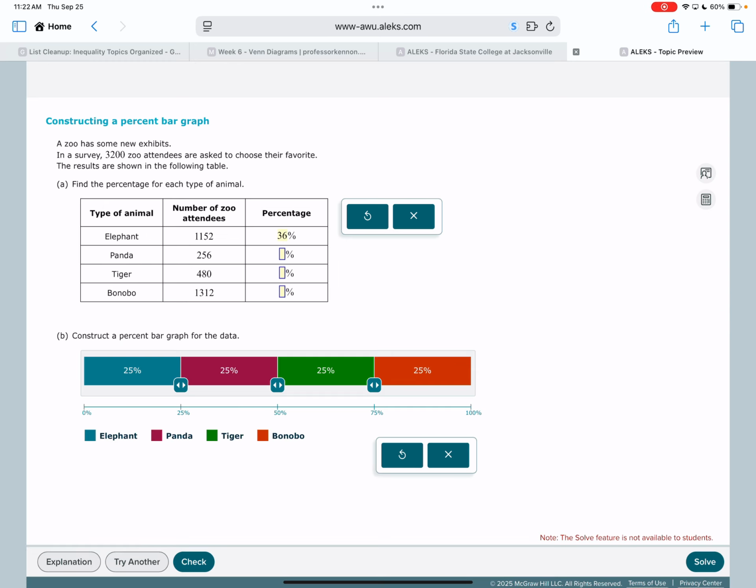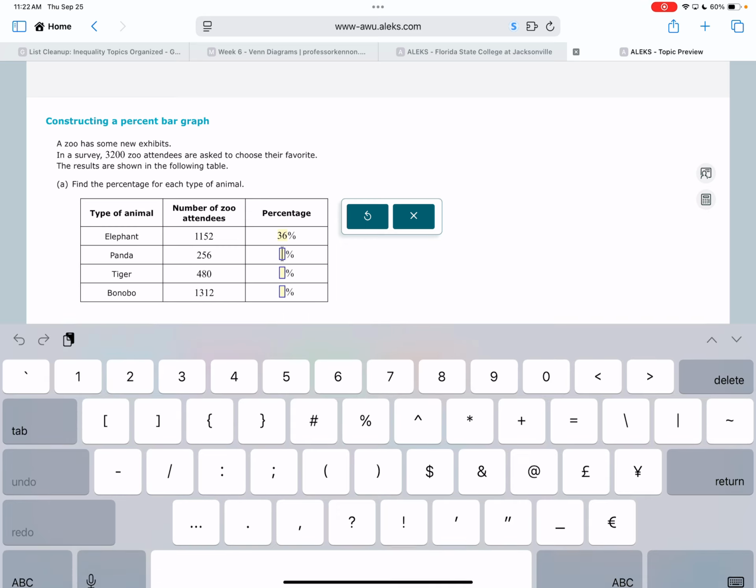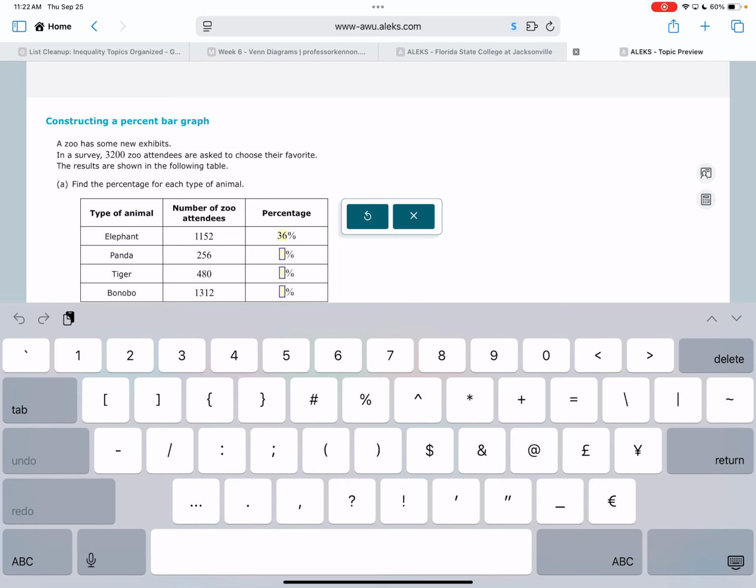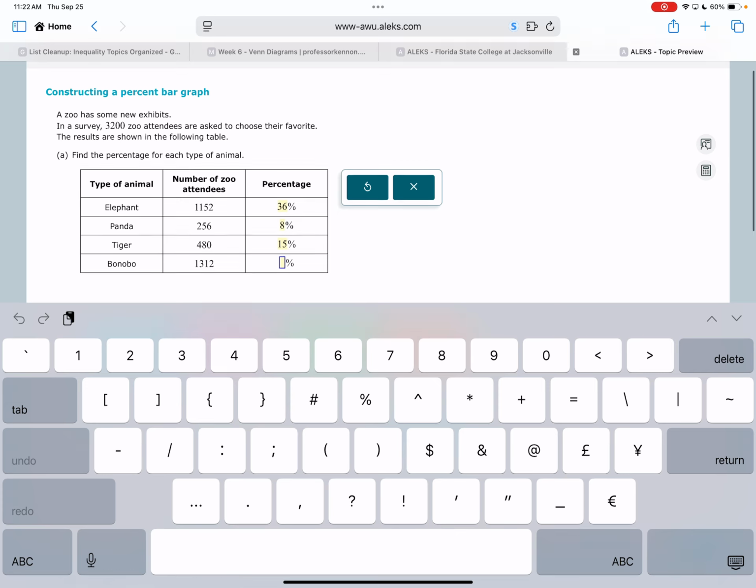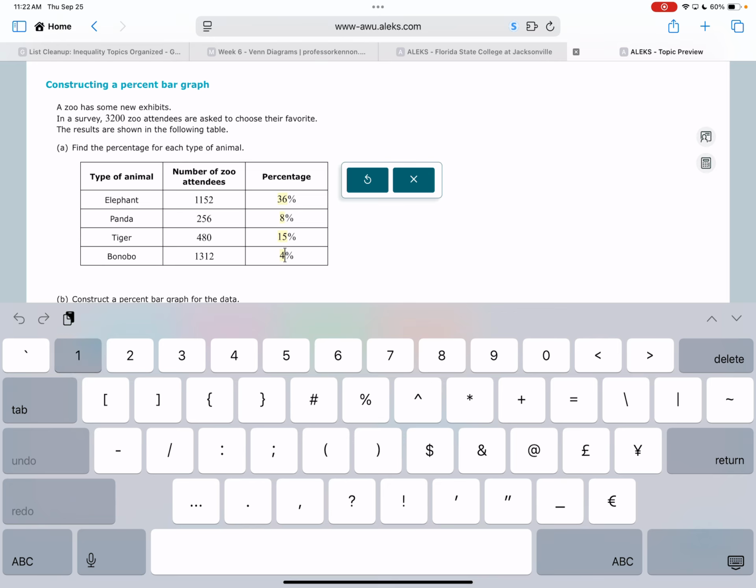I'll go ahead and just do all these real quick. 256 divided by 3,200 is 8%. 480 divided by 3,200 is 15%, and 1,312 divided by 3,200 is 41%.